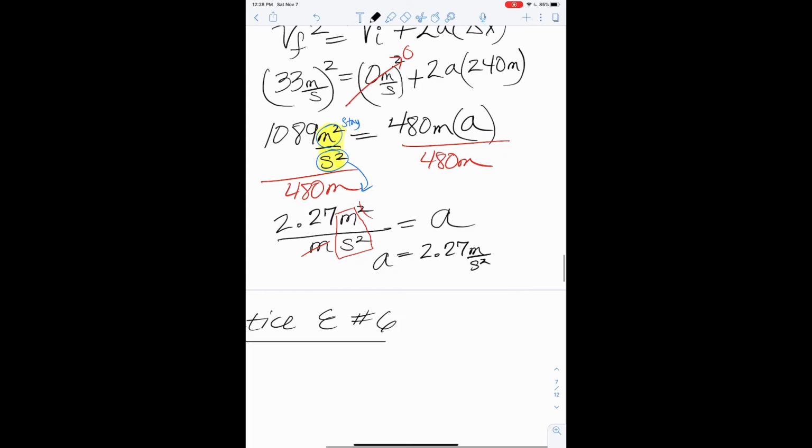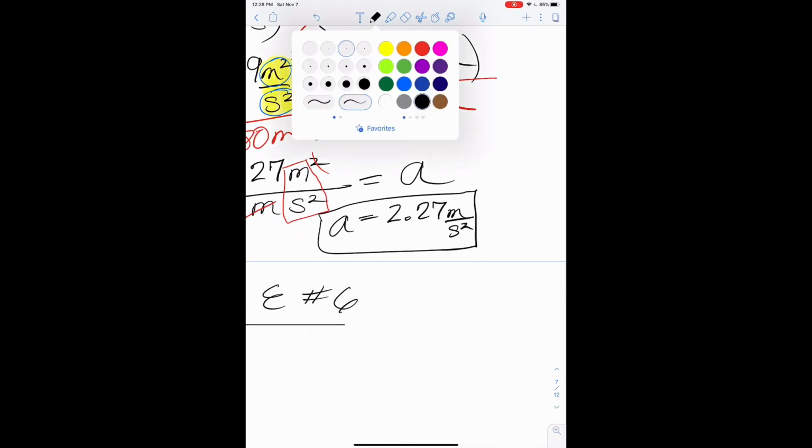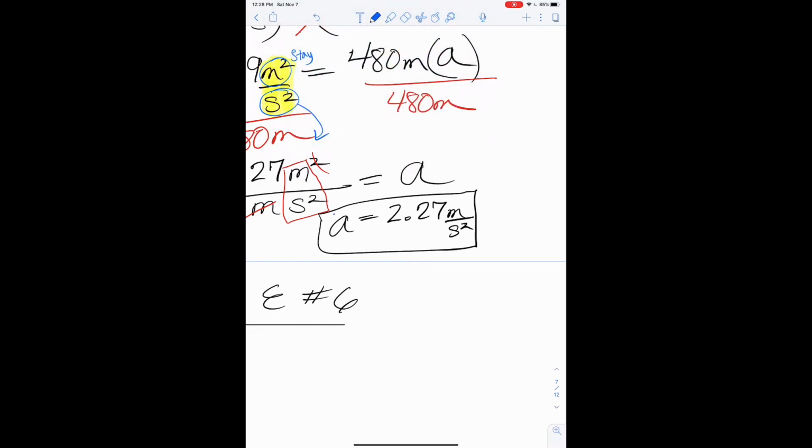If you want, let me put a box around that. And just so I'm being clear about this, acceleration is a vector, right? It points. So you could have written that as 2.27 meters per second squared in the positive direction.